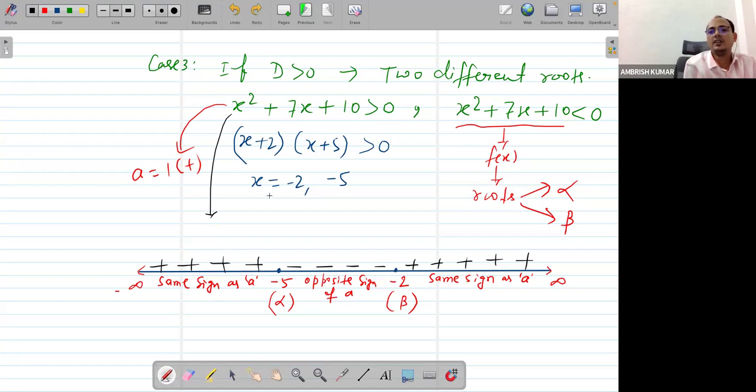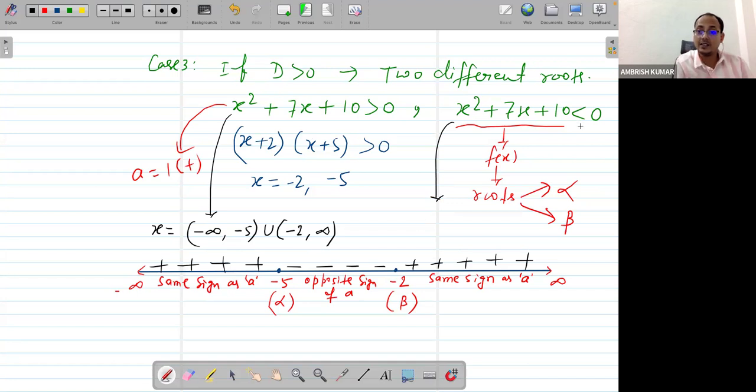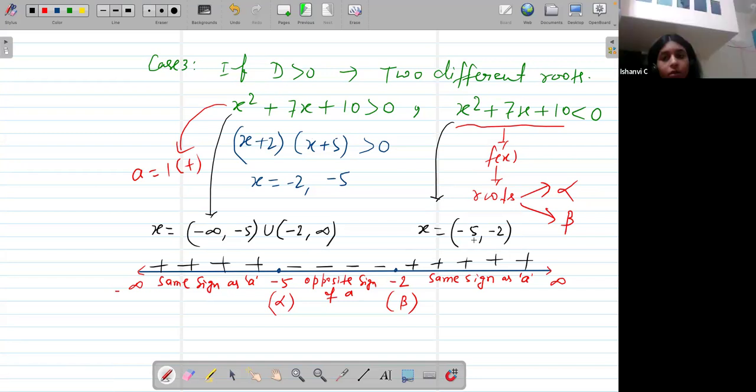So the answer for greater than 0 is going to be x from negative infinite to -5, open interval, union -2 to infinite, right? But for this part, less than 0 means negative. So here x is going to be from -5 to -2 in the open interval, right? Clear?